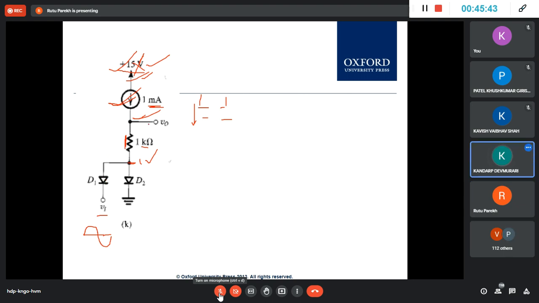Ma'am, but for the negative half cycle, D2 will be reverse biased, right? See, just think of this much, which is appearing here. This is ground, and 1 milli is passing through this R. This is 1 volt.